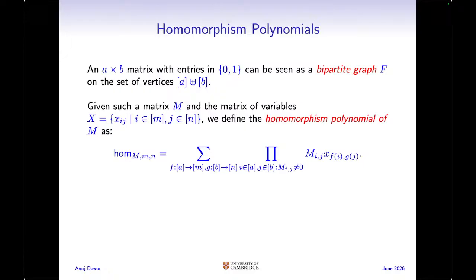And this is the homomorphism polynomial because if you plug in for the variables x the biadjacency matrix of an arbitrary graph on M times N, this will evaluate to the number of homomorphisms from F to that graph.